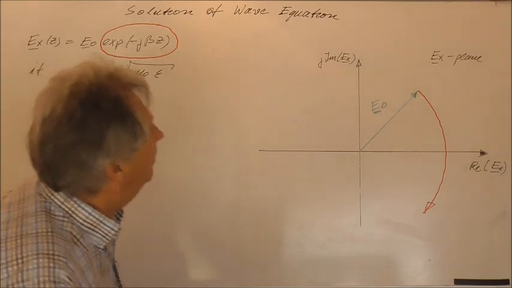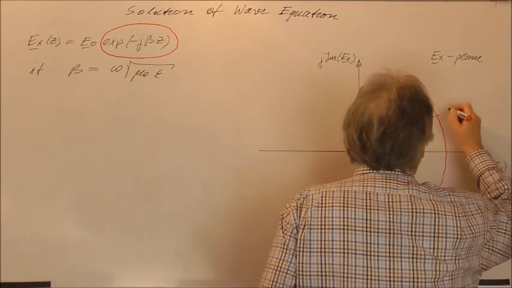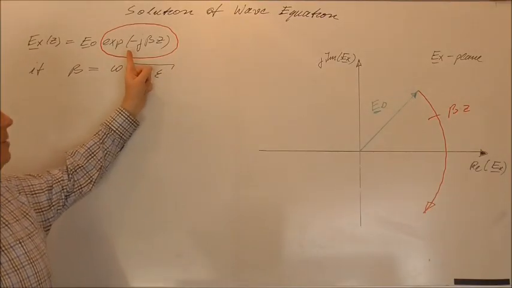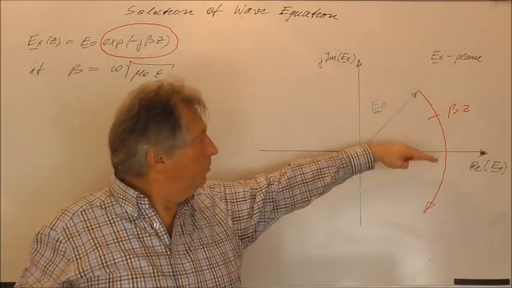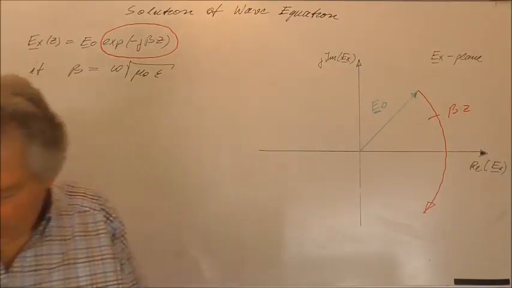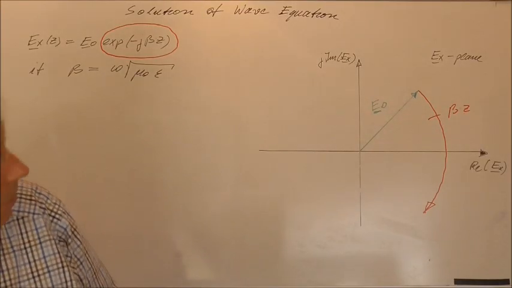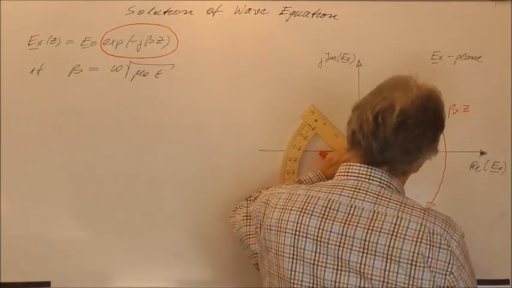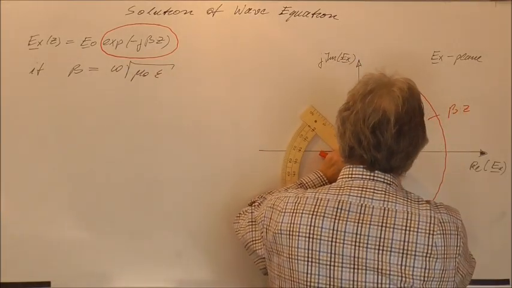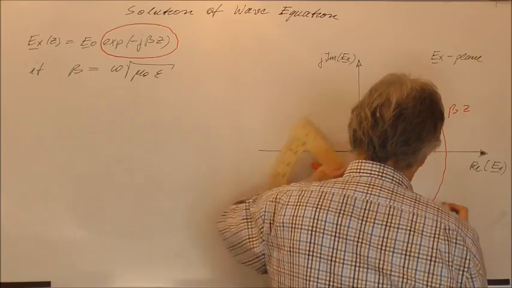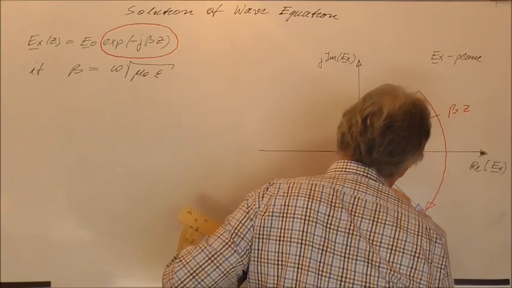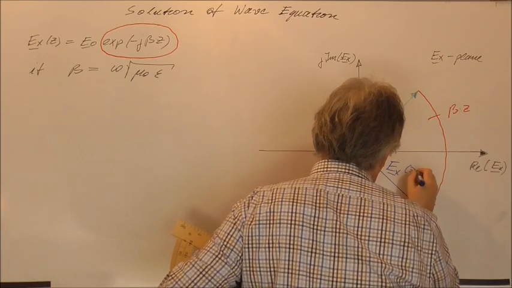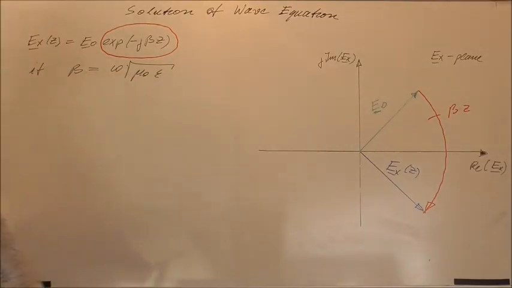The angle is defined by beta times z. But you see here, due to the negative sign, we will turn the value in clockwise direction. And so the resulting term will be that, Ex of z.